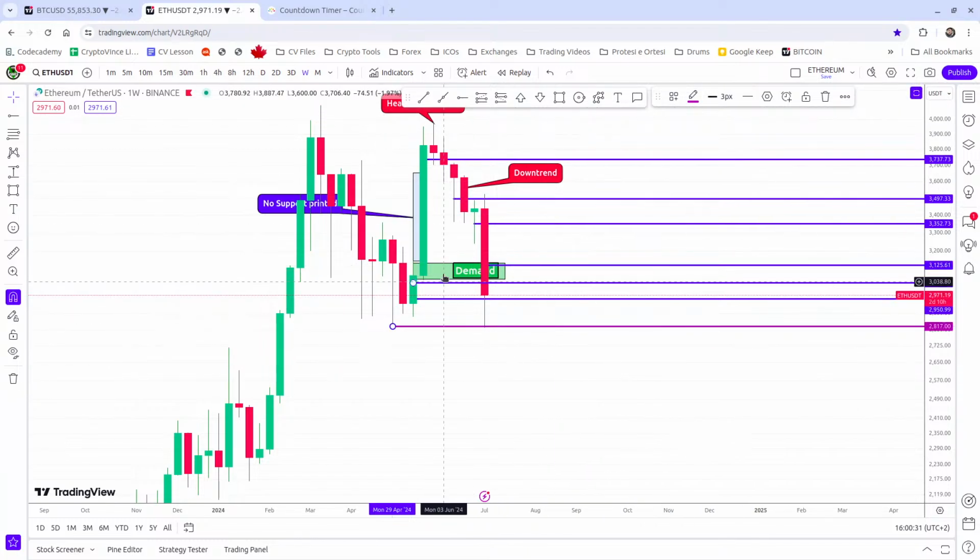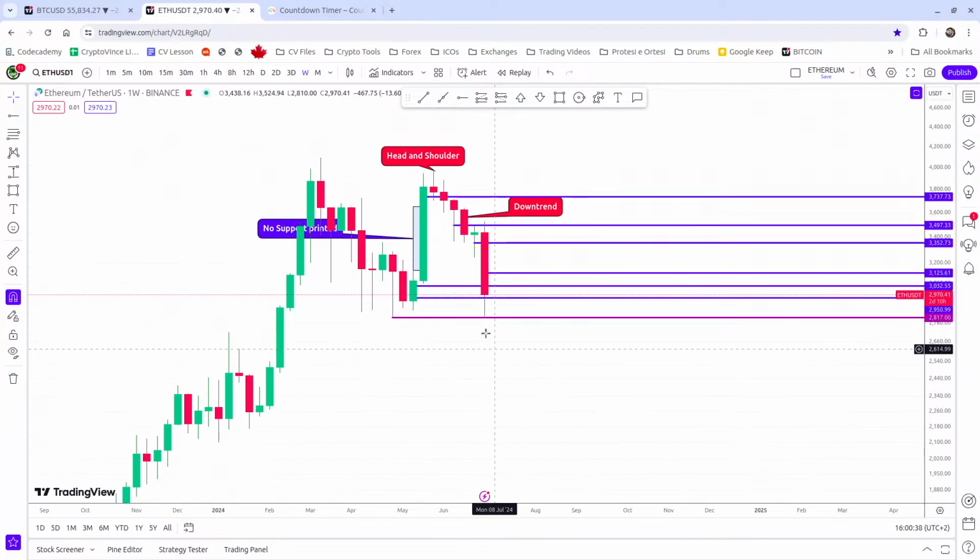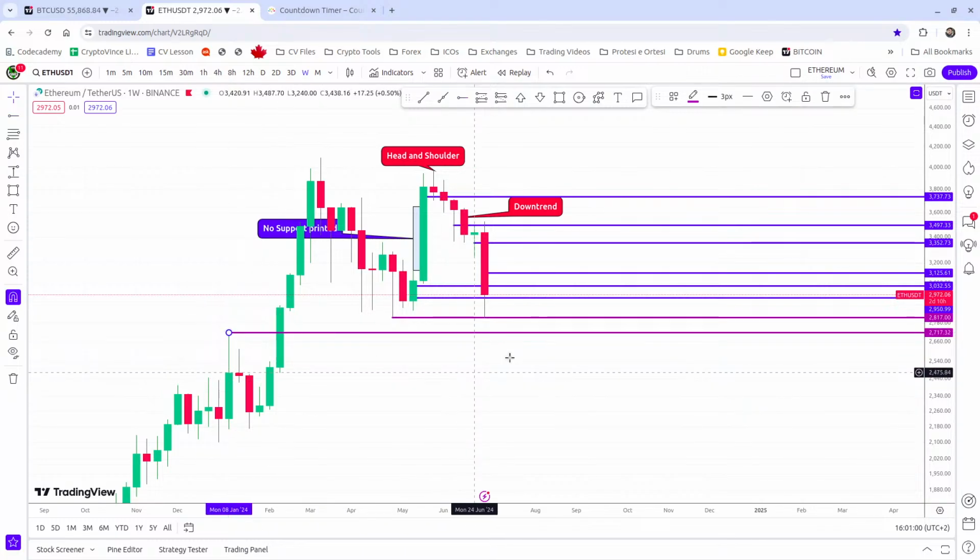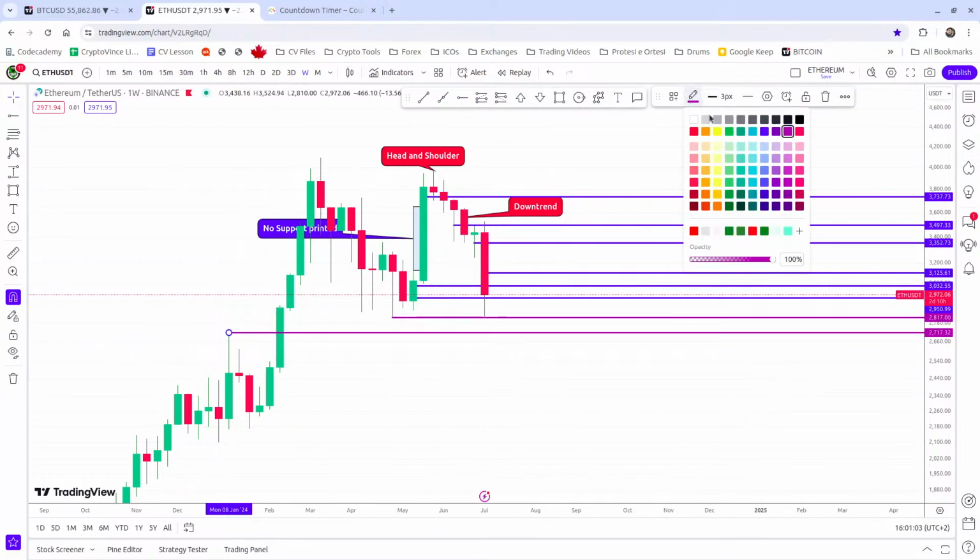Perfect bounce there. The demand, nobody cared about that one. It's kind of a step behind Bitcoin. It looks like Bitcoin made a double top, but Ethereum actually closed above the swing low. Actually, Bitcoin dropped below, and price might drop more there. Instead, Ethereum is kind of more bullish here than Bitcoin.